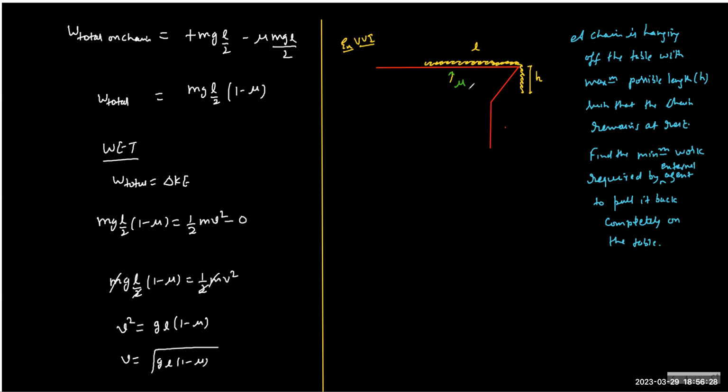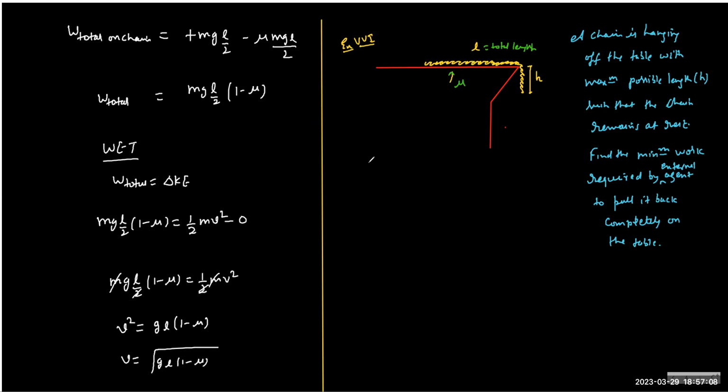What is the mu value? It is clearly said that this is the maximum height I can hang. If I hang more than h, what will happen? The moment the hanging part is slightly more than h, it will start falling. So if it is at rest with maximum hanging part, the remaining part has achieved limiting friction. Do you remember this concept? Limiting friction? Yes, sir. Okay. Because h is the hanging part, the part on the table is L minus h, right?